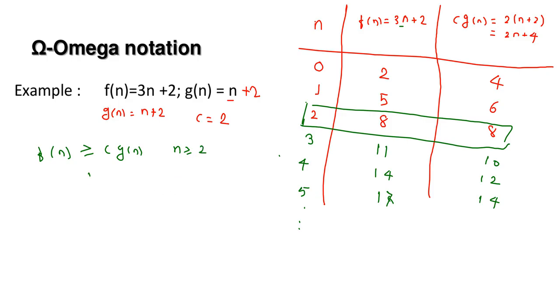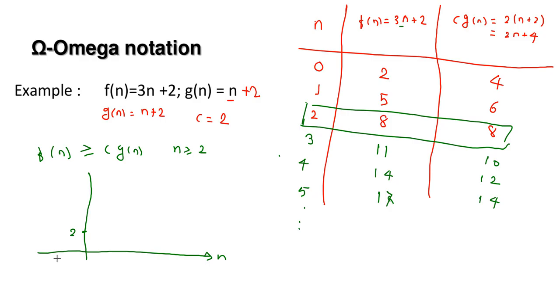Now how will our graph look? Our f of n is the 3n plus 2 function. If this is n, then for n equal to 0 it is intersecting at point 2, and c into g of n is also intersecting at point 2. But 3n plus 2 will have a higher slope compared to this one.